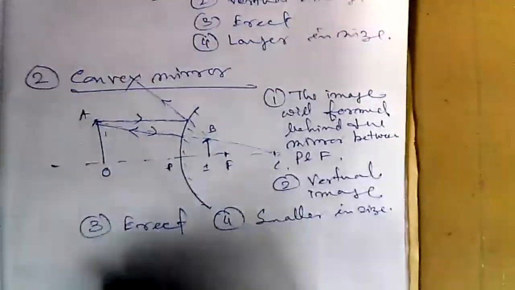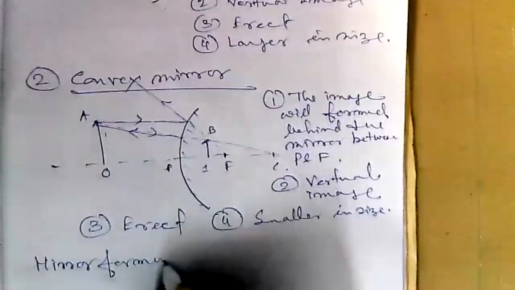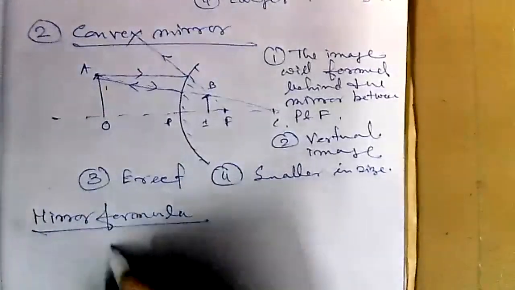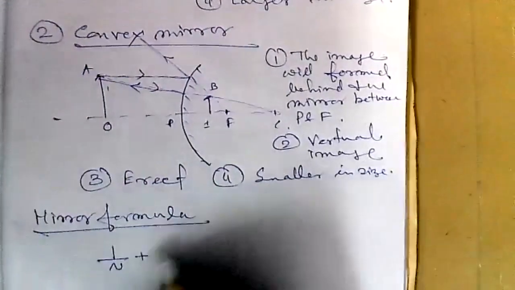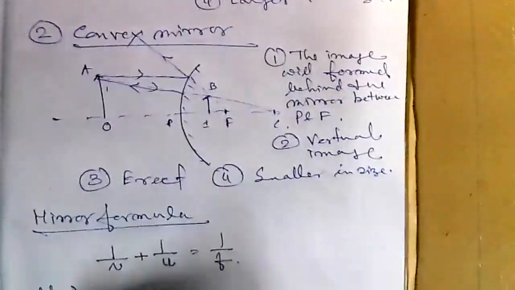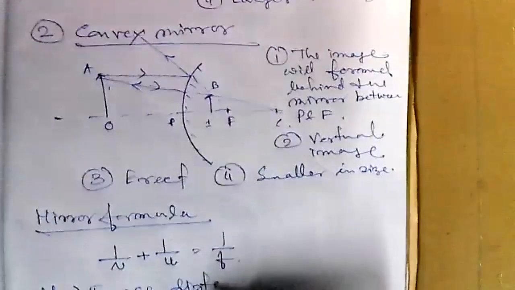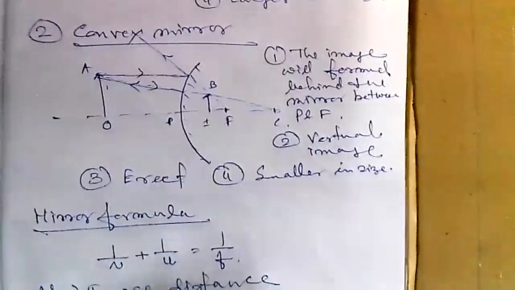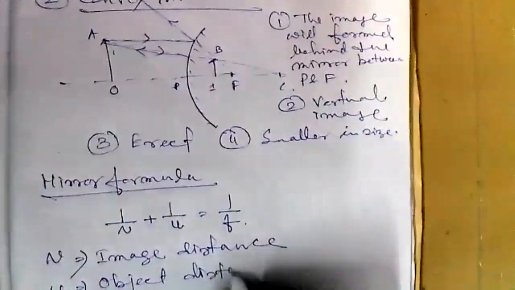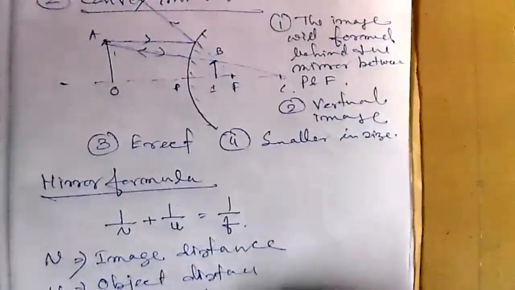Next, the mirror formula. The formula is 1/v + 1/u = 1/f, where v is the image distance, u is the object distance, and f is the focal length.